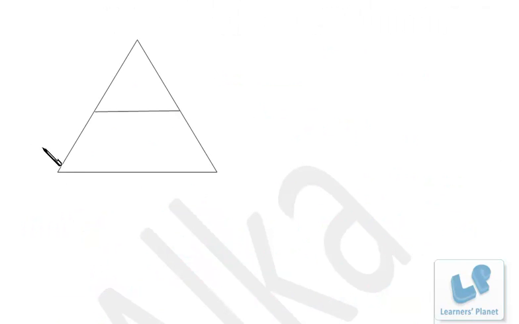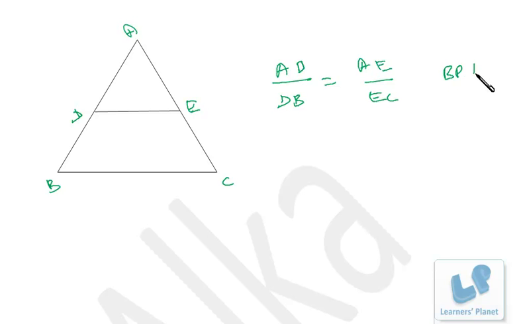Now friends, using basic proportionality theorem, we can establish some more results. Suppose this is ABC and this is the line DE parallel to BC. That means according to basic proportionality theorem, AD by DB is equal to AE by EC, right? Now I just add 1 to both the sides. So AD by DB plus 1 is equal to AE by EC plus 1.